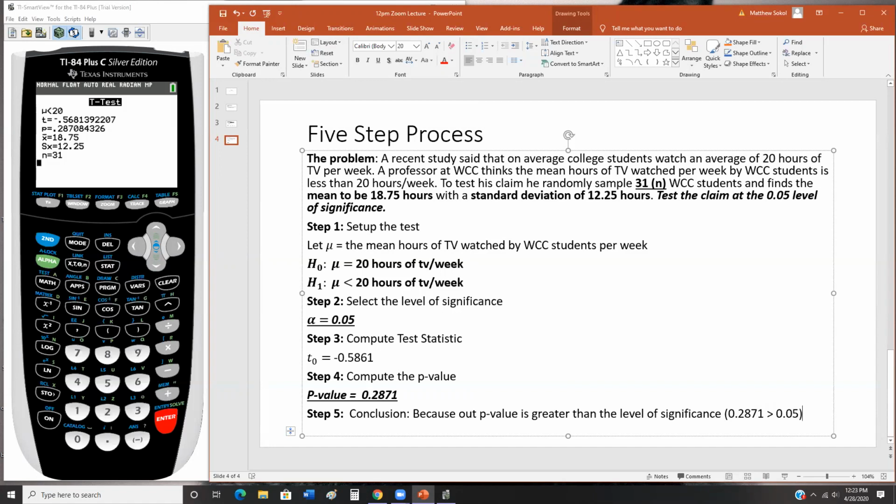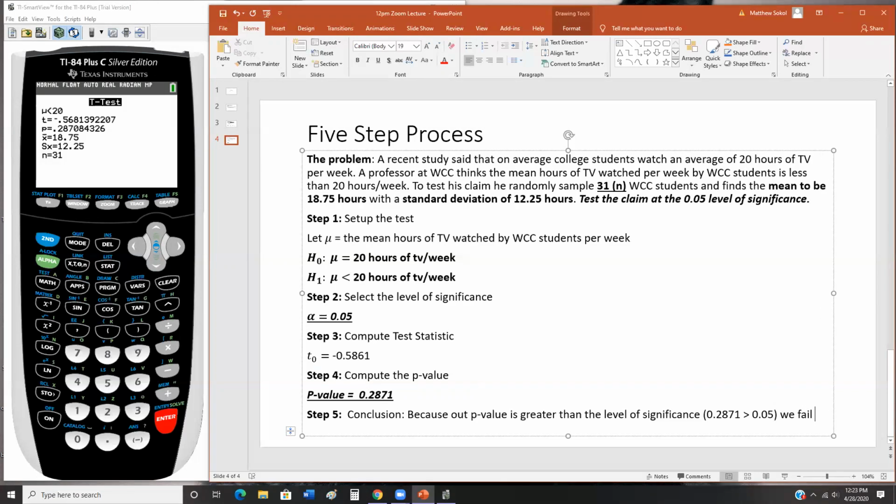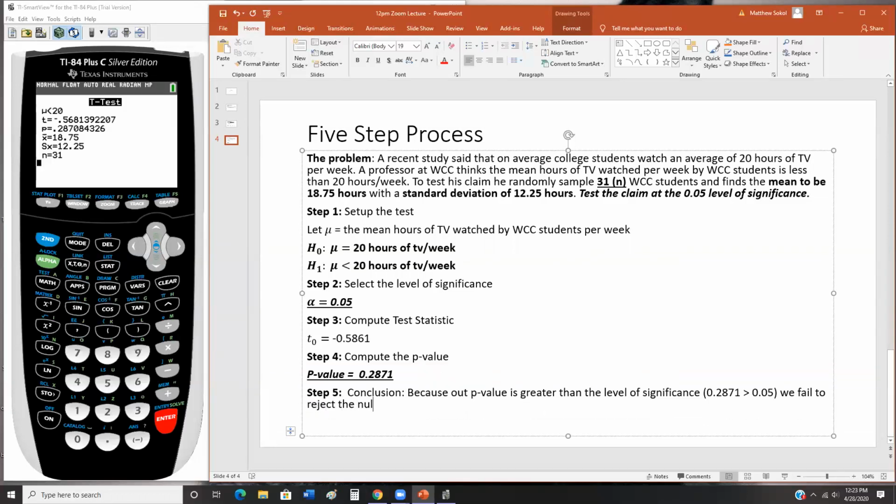We do what's called, we fail to reject the null hypothesis. What that means here is evidence does not support the alternative hypothesis.